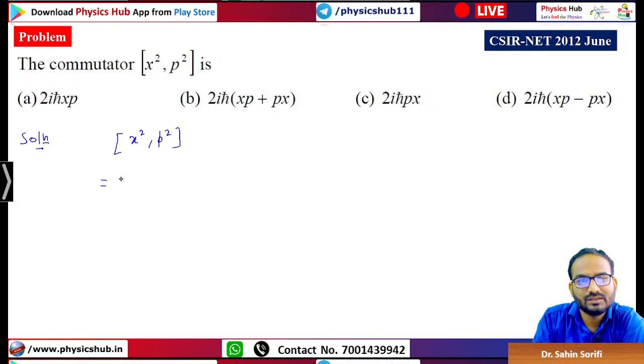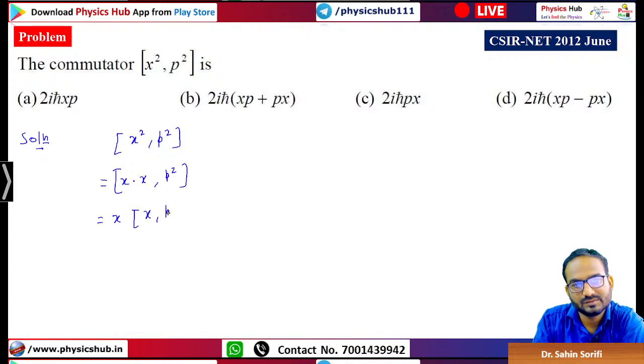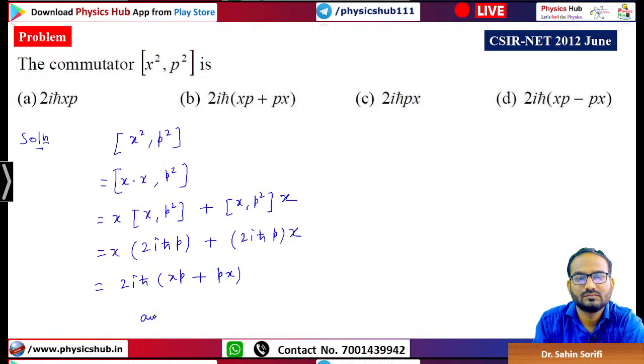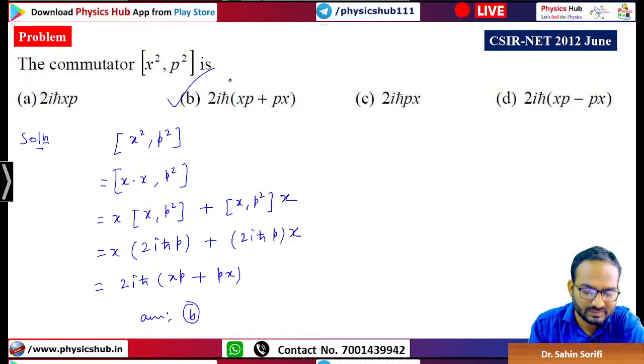So if I take this one, x into x, so x into x p square, x p square x. This is 2I h cut p to the power 2 minus 1. This one is 2I h cut p. So this is equal to 2I h cut xp plus px. Wow. So as simple as that.